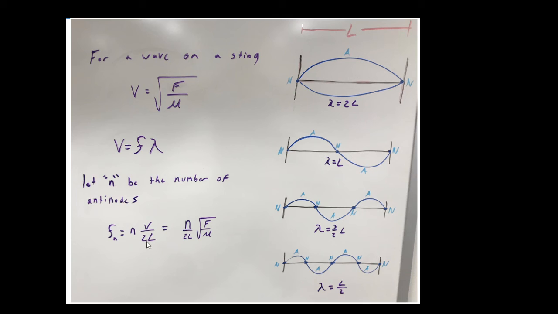And so the frequency is dependent on how many antinodes we have, equal to n times the velocity divided by 2L. Or we could substitute velocity as the square root of our tension divided by our linear density.